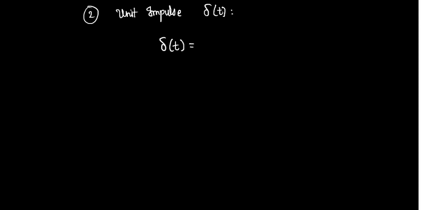It is very sudden, it appears and it disappears. It is infinite at t equals 0 and 0 at t not equal to 0. So it appears something like this.